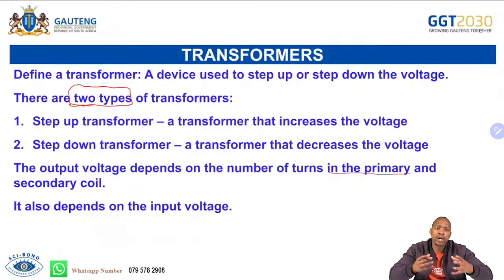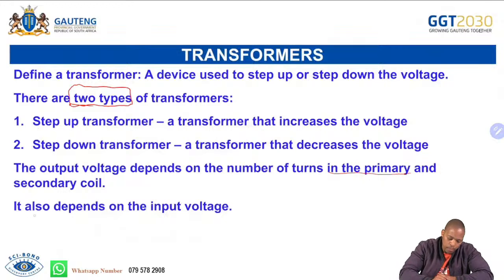When we look at the number of turns, they will tell us whether this is a step-up transformer or a step-down transformer. So by looking at a transformer, we should be able to determine whether it is a step-up or a step-down transformer. Also, it depends on the input and output voltage.